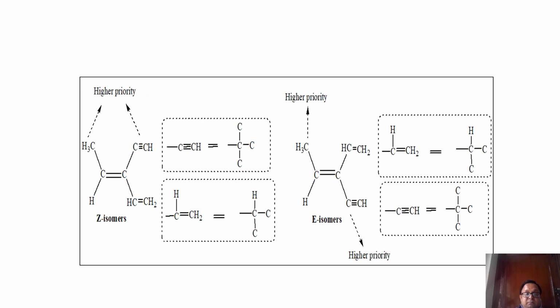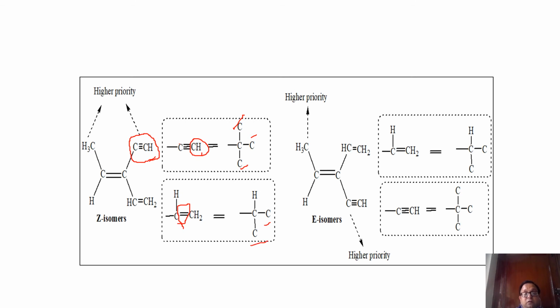See here is the ethylene C triple bond C. So this triply bonded carbon is considered as connected to a further 3 carbons. Here it is a doubly bonded carbon, so it is supposed to be connected with 1 hydrogen as it is there and 2 further carbons.